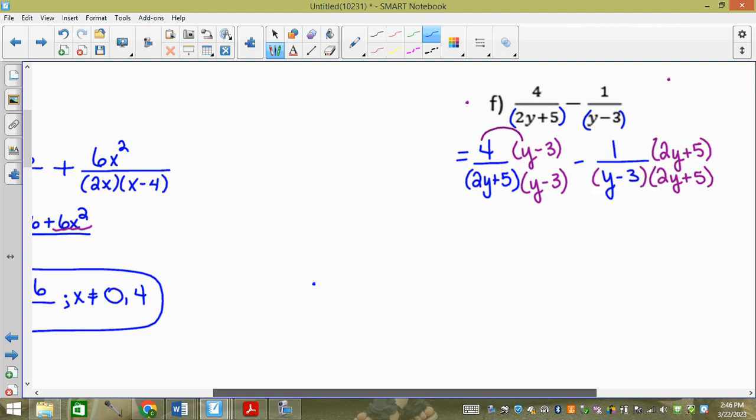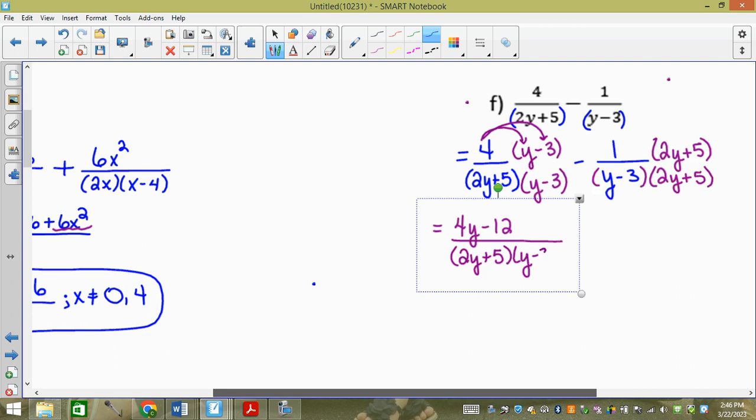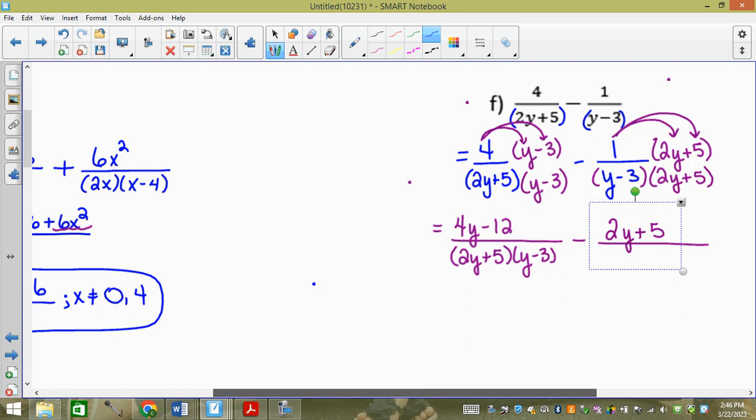So we get 4y minus 12 over 2y plus 5, y minus 3. Minus 2y plus 5. When I distribute a 1 in, it doesn't change anything. Over y minus 3, 2y plus 5.